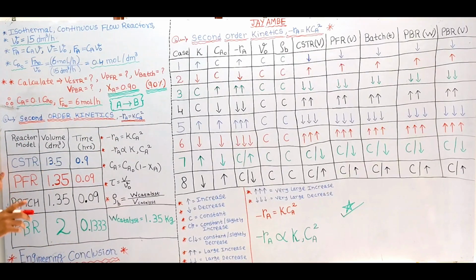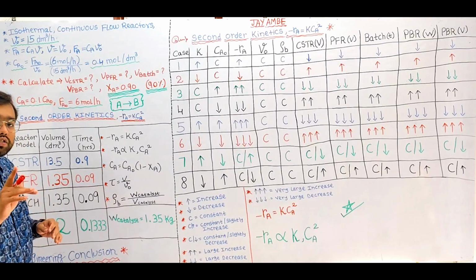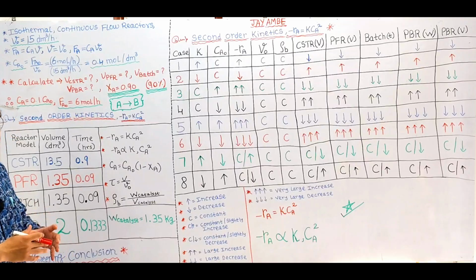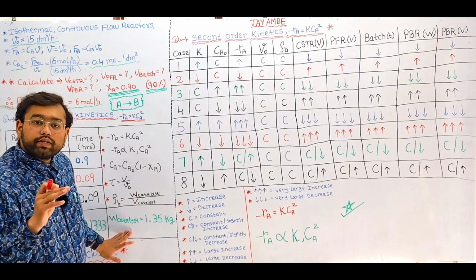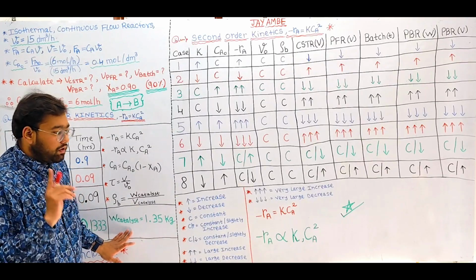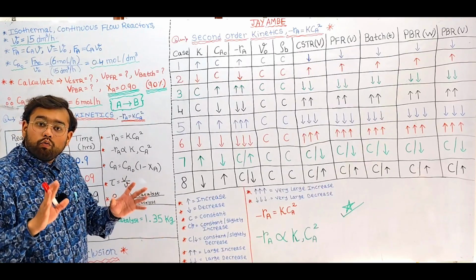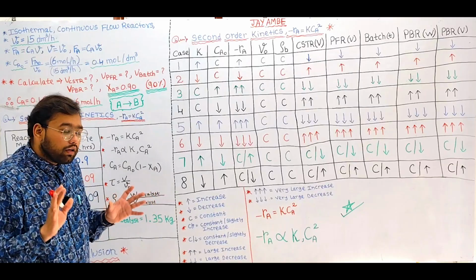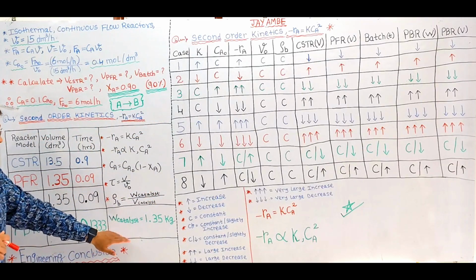By utilizing the performance equation of the packed bed reactor, we have calculated the weight of the catalyst which is required in order to achieve the desired conversion of 90%, which comes out to be 1.35 kg of catalyst. I hope you understood.